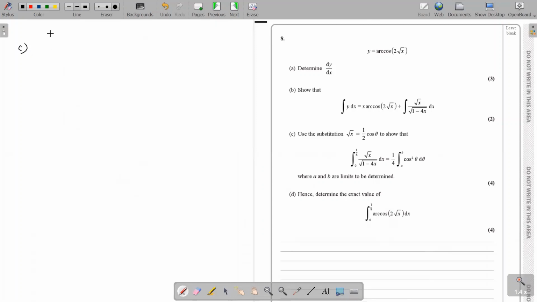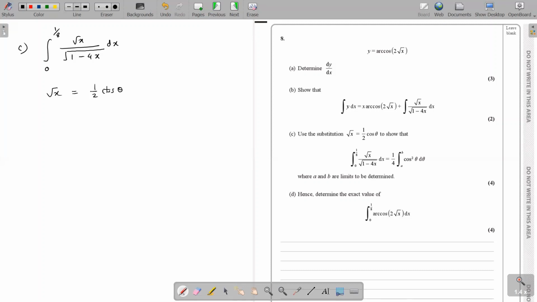So you're supposed to integrate root x over root 1 minus 4x. So what's the substitution? You're supposed to use root x equals half cos theta.